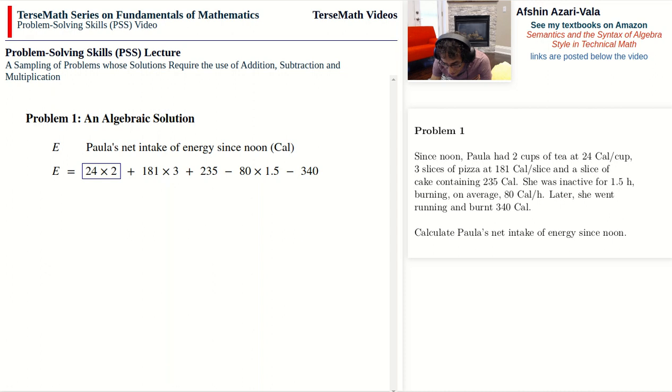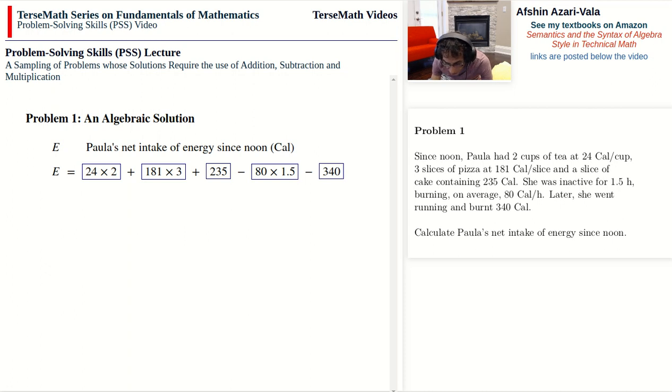This second term is the intake of energy from the slices of pizza, and let me also put a box around that. This is followed by 235, which is the intake of energy from the cake, and then we'll put a box around that as well. So far we have 3 terms. And don't forget that we can also use subtractions to break an expression up into terms. So 80 times 1.5 is a term, and then we have 340, which is also a term.